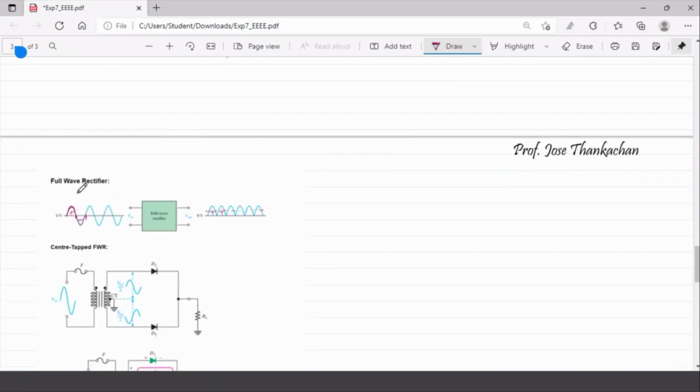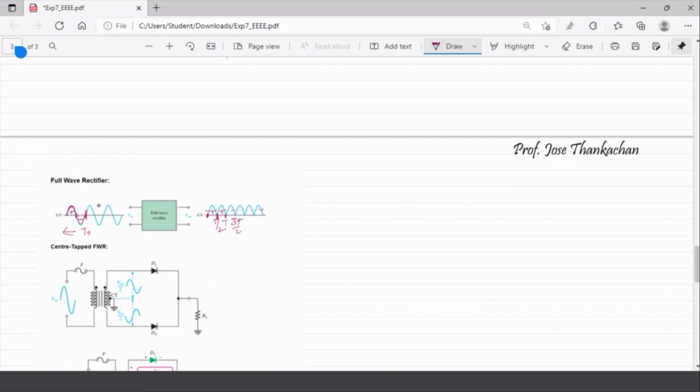But what happens for a full wave rectifier? For a full wave rectifier, this is the waveform and the time period here is T. But the output voltage is repeating itself not just at T but at T by 2. After every T by 2 seconds it is repeating itself. This is T, again 3T by 2, and so on.